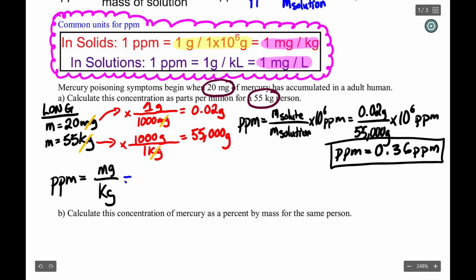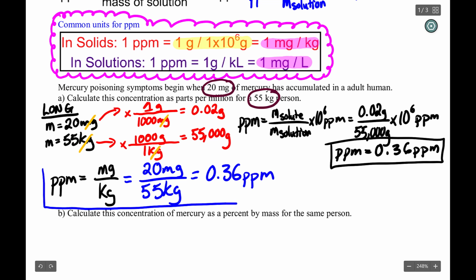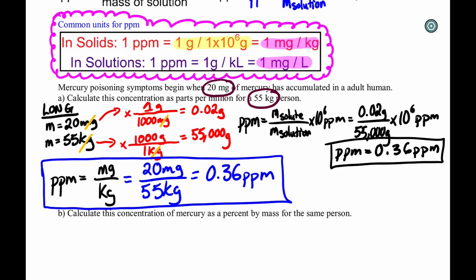All I have to do is take those 2 numbers, 20 milligrams divided by 55 kilograms, and sure enough, I still get 0.36 parts per million, but it is a lot easier to work with than converting both of those masses and then putting it into the equation. Again, there's no need to do times 10 to the power of anything as long as the solute is in milligrams and the solution is in kilograms.